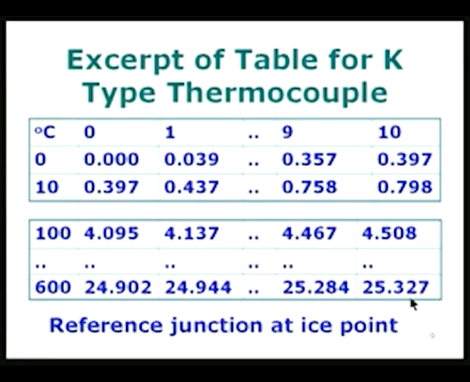If you remember, the K type thermocouple can be used up to about 1350 degrees Celsius. The table will be going up to that value. What happens if you go close to that or exceed that temperature is that the material of the thermocouple is not going to be stable. It will undergo either a chemical change or a physical change, and therefore the thermocouple becomes useless. So, the useful range of a thermocouple is determined by the properties of the material.